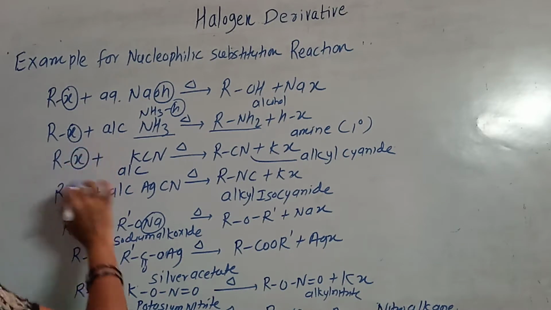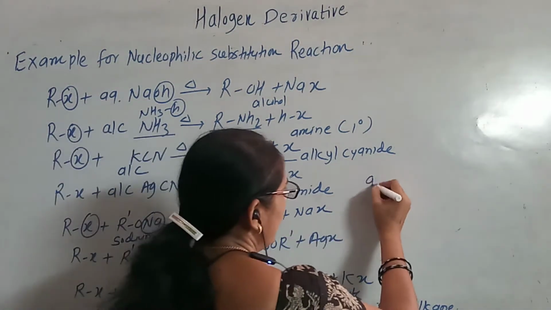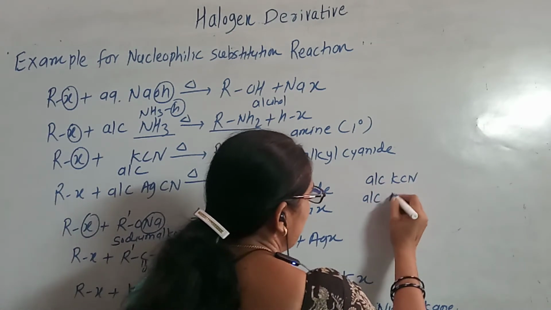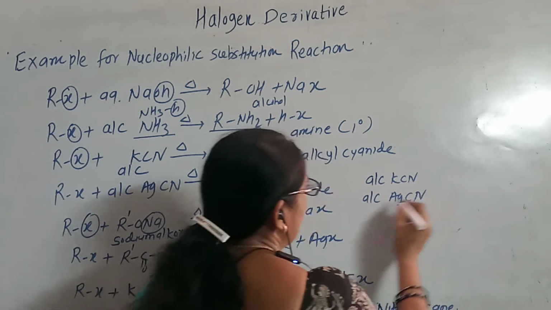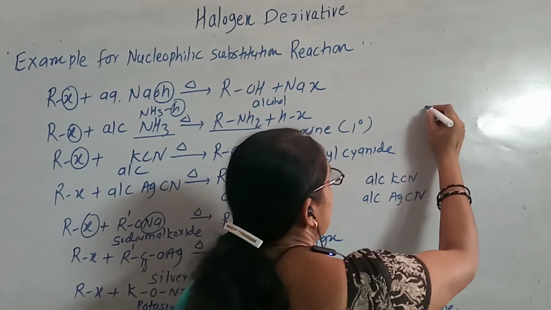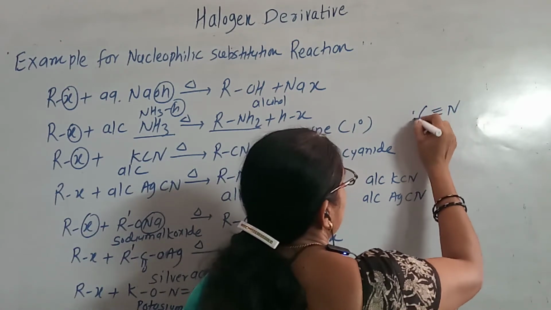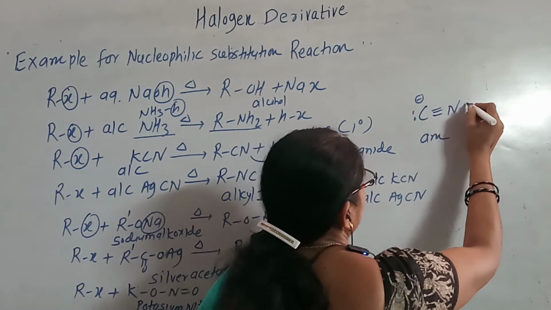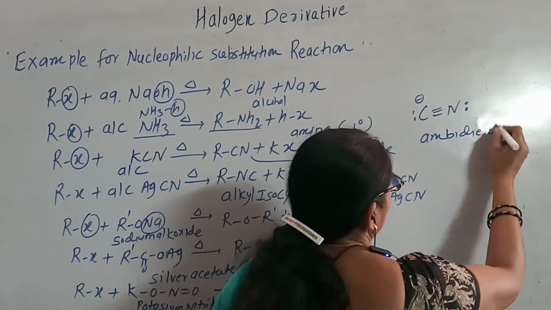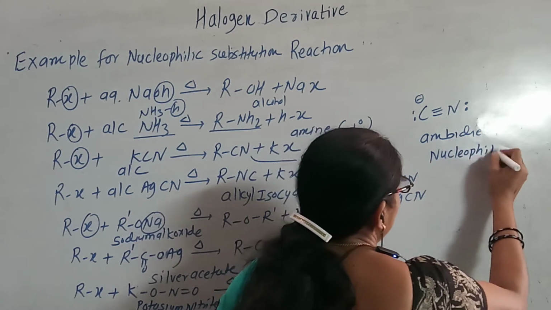In alkyl halide when reacted with alcoholic potassium cyanide and alcoholic silver cyanide, it is observed that the cyanide is an ambident nucleophile.